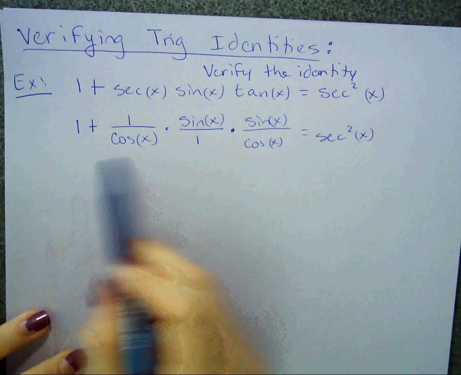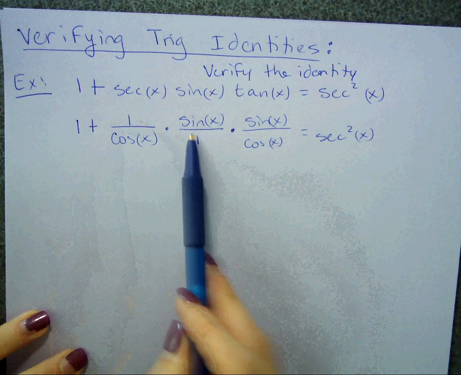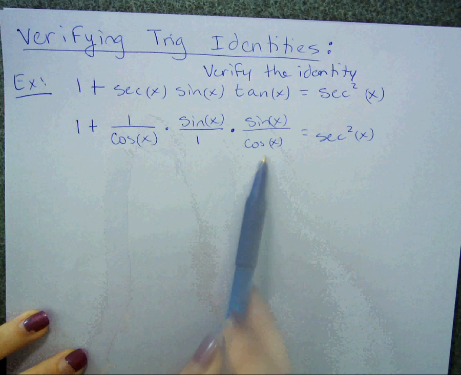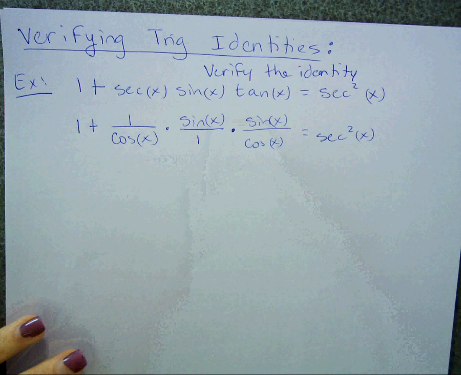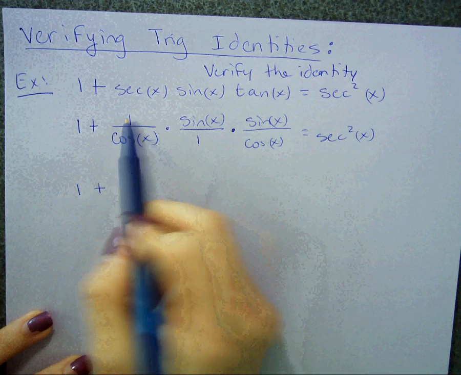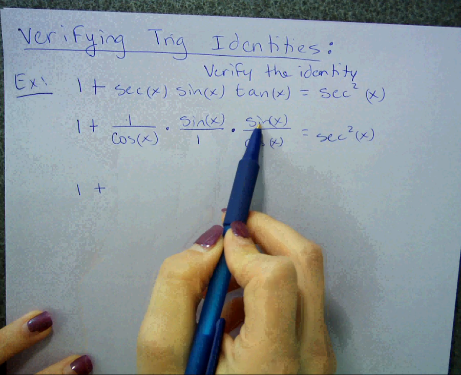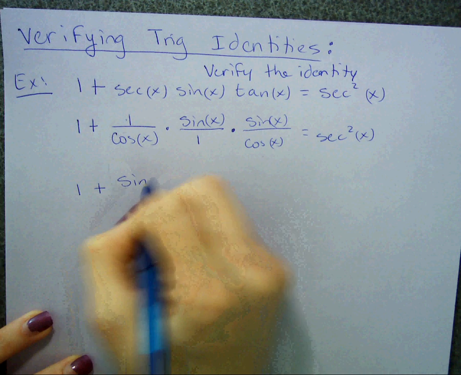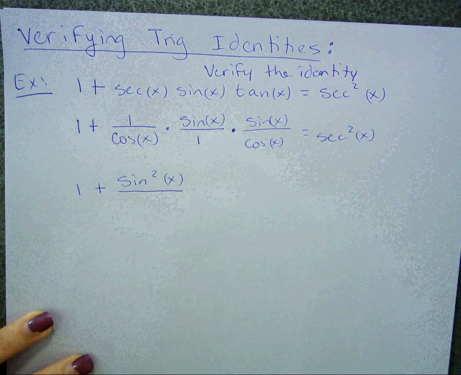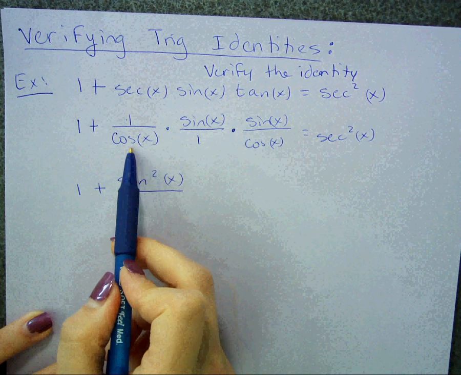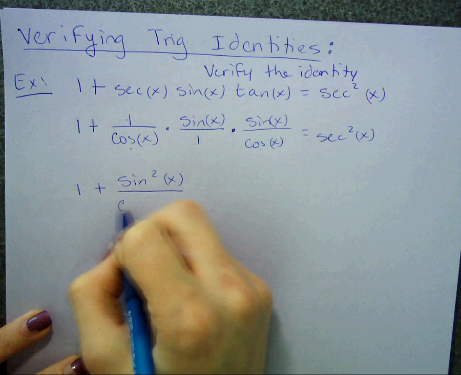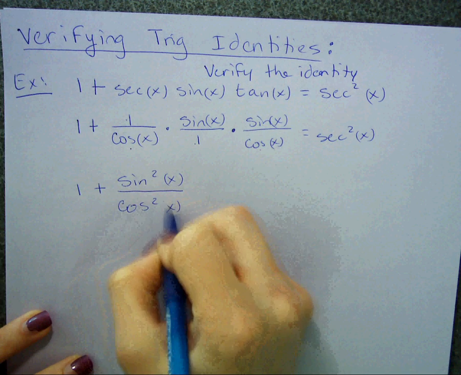And so again on the left, I now have 3 fractions that I'm multiplying together. So I'm going to multiply the top times top, bottom times bottom. So I get 1 plus 1 times sine gives me sine squared of x over cosine times 1 times cosine gives me cosine squared of x.